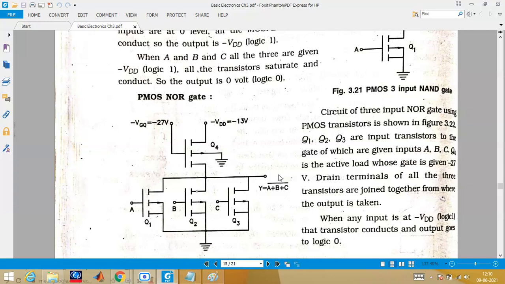So this value will come here in the Y, that means this 1 will come here and you will get the output to be 1, only when all these three A B C are 0. If any of this is 1, that particular transistor is short circuit and this will flow directly to the ground and your result is 0. This point is clear to everyone? See, it is very interesting. Even if it is coming in your exam, you can explain all the cases of your truth table.